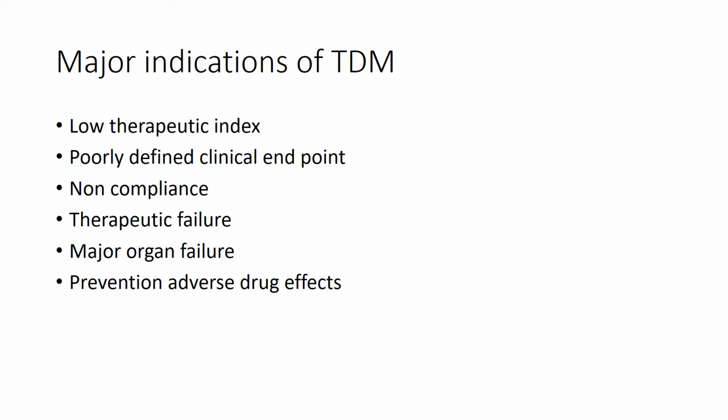Other indications are poorly defined clinical endpoint, non-compliance, when the patient is not complying with the prescription, therapeutic failure, and major organ failure, as in case of liver damage, kidney failure, and cardiovascular diseases, and prevention of adverse drug effects. If you want to prevent adverse drug effects, especially in those cases where the therapeutic index is very small or narrow, then we can always go in for therapeutic drug monitoring. So these are the major indications of TDM.